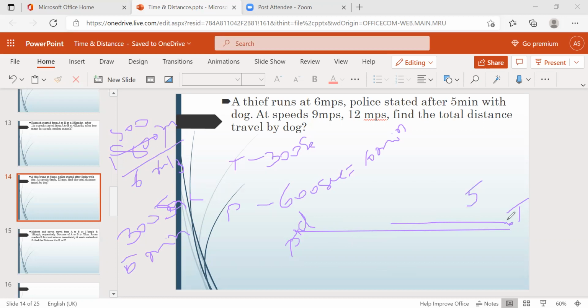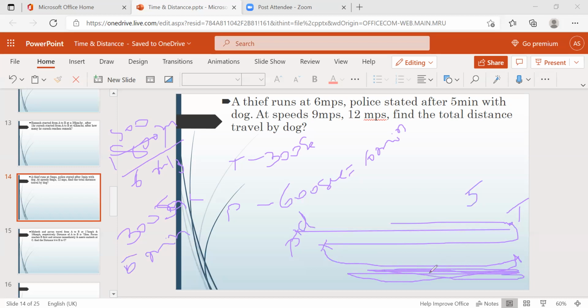And what will the dog do? He reaches the thief, and again the dog comes to police. And again dog will reach thief and come to police. Will reach thief, come to police and catch the thief.